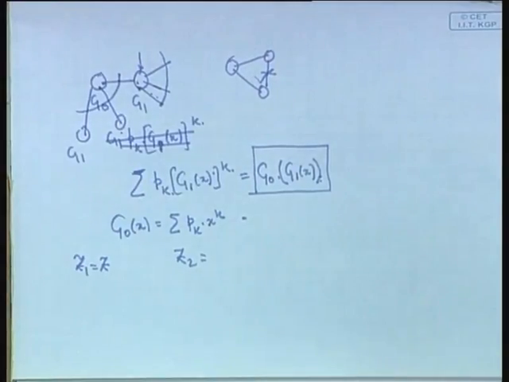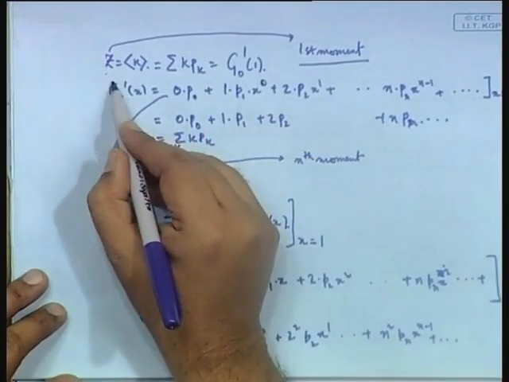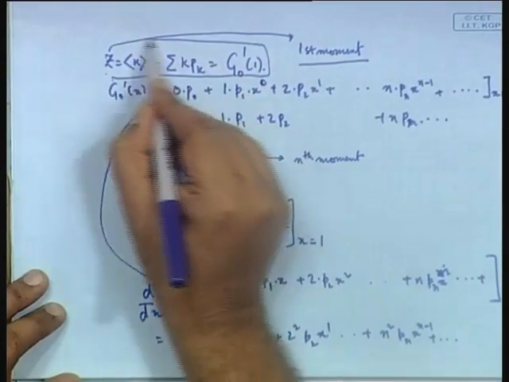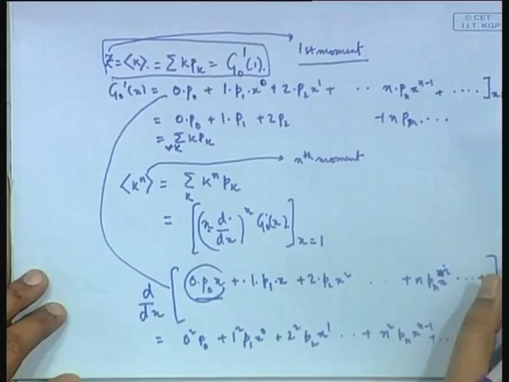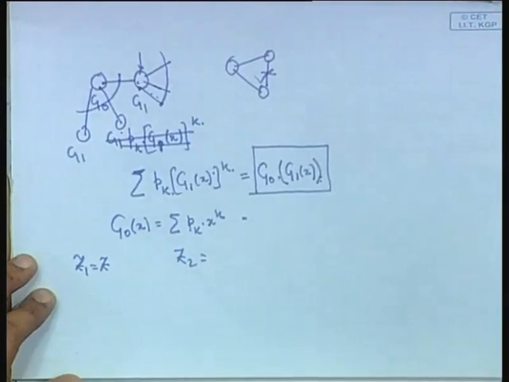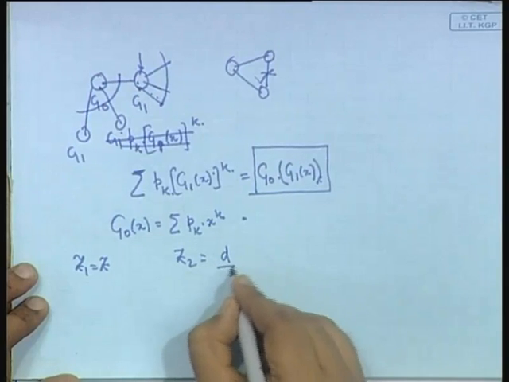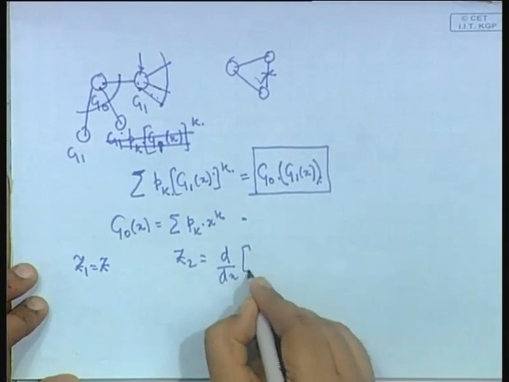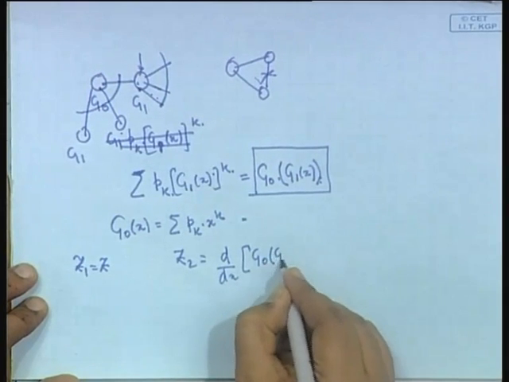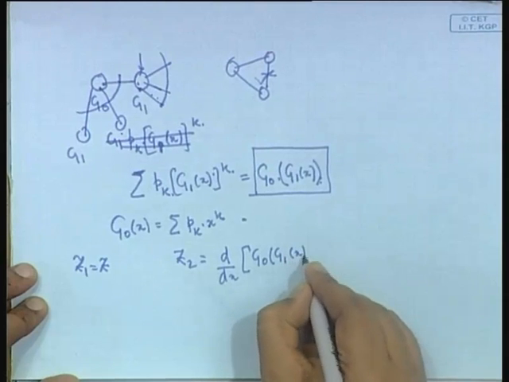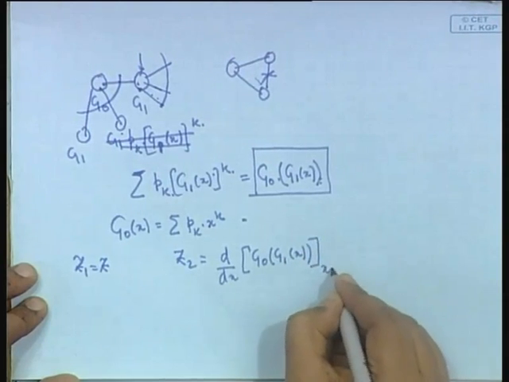What was the formula of finding z1? This is the formula of finding z1. So, z2 will be d dx, this is how generating function goes, no?